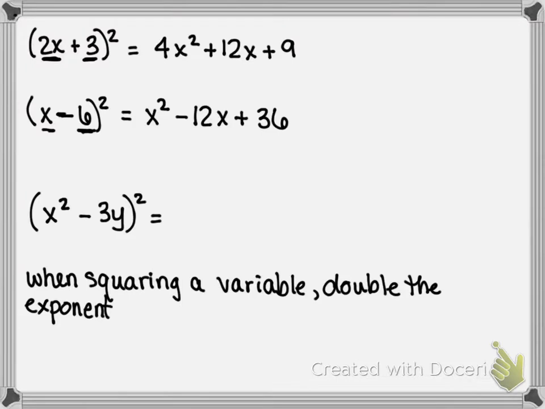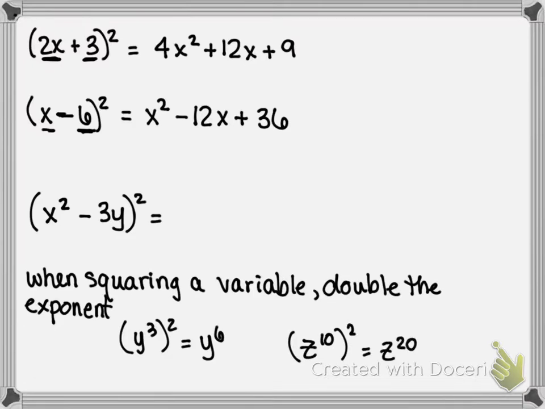So for example, y cubed squared is going to be y to the 6th. Or if I had z to the 10th squared, doubling the exponent, we get z to the 20th. So for the example above, first term squared, let's double the exponent.